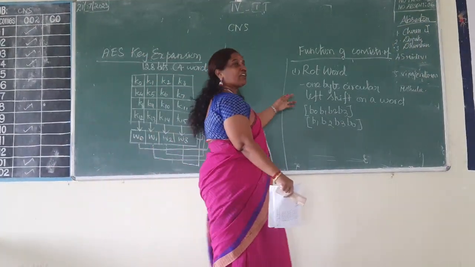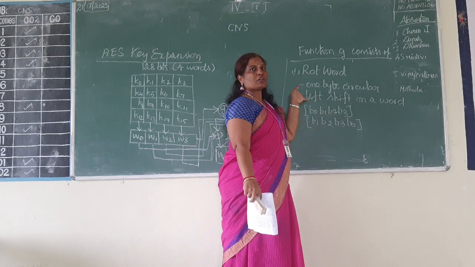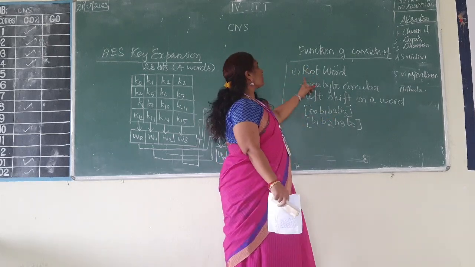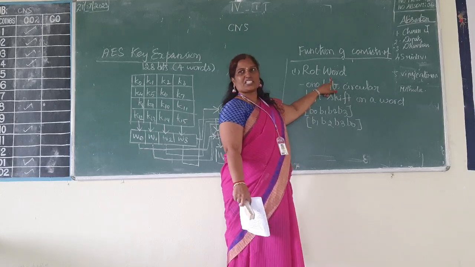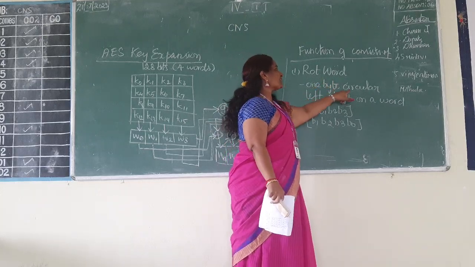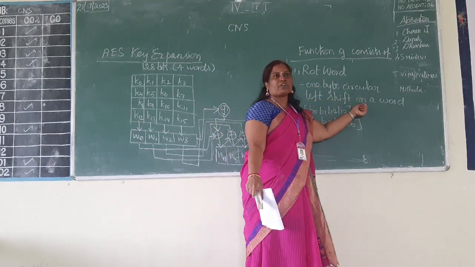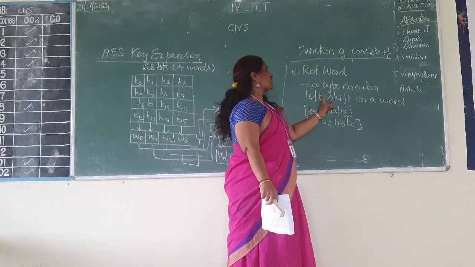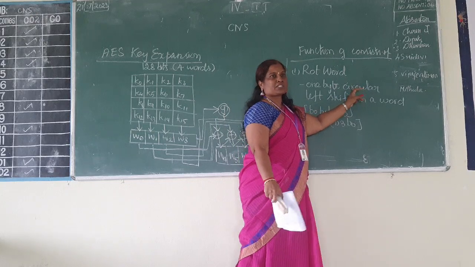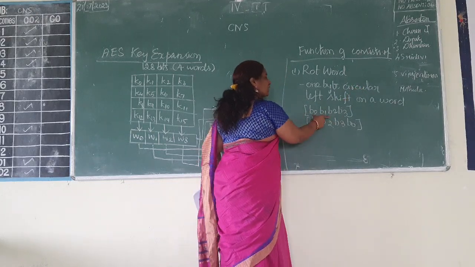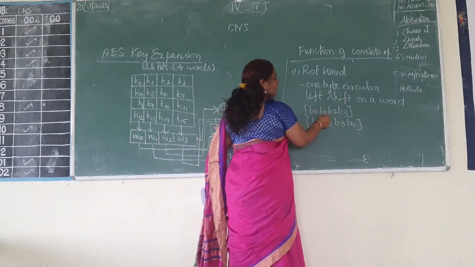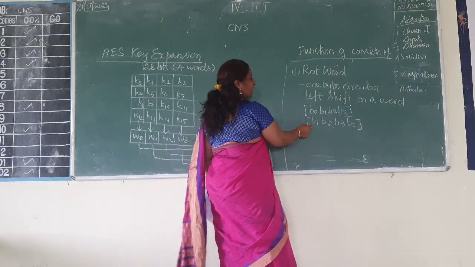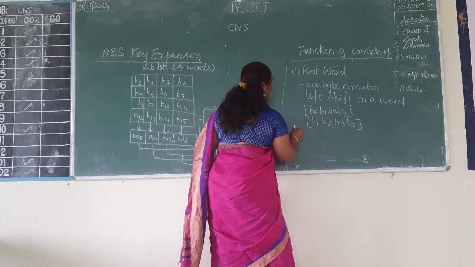What is happening in this function, listen. G consists of three functions actually. Number one, rotate word. How does the rotation take place? One-byte circular left shift on a word. On a word it will rotate one byte towards the left, and it is a circular shift. So when you consider a word as B0, B1, B2, B3, it will be transformed as B1, B2, B3 and B0.